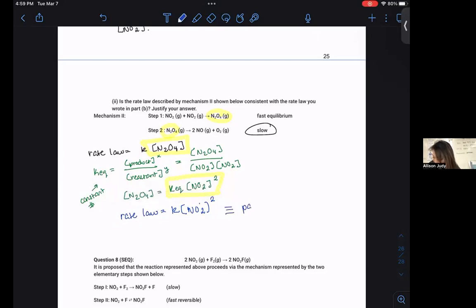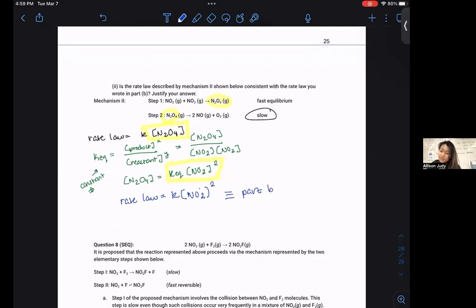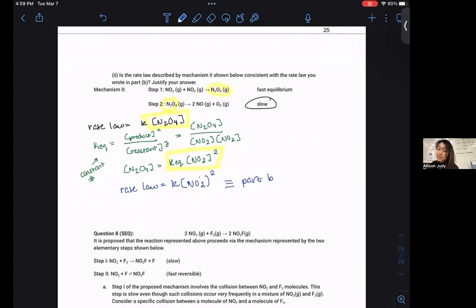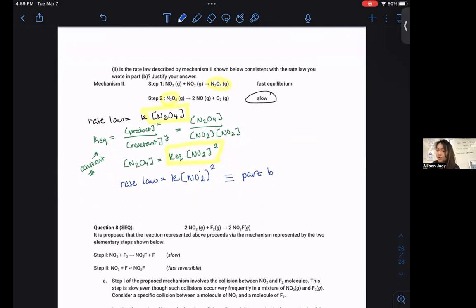equivalent to part B. Upon first glance you think, oh no, but when you use the KEQ equilibrium substitution method for a second step rate determining multi-step mechanism, when we replace the intermediate, we can put our rate law in terms of reactants that are part of our overall equation and not just consumed.